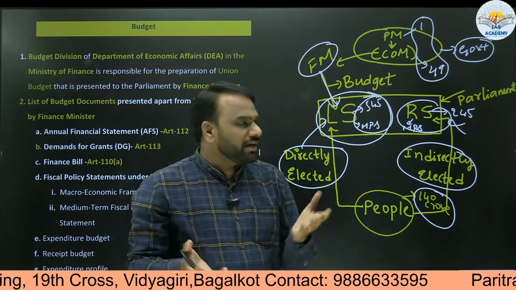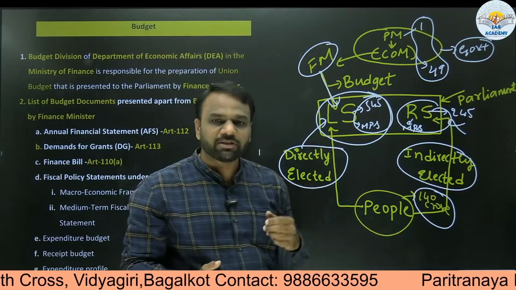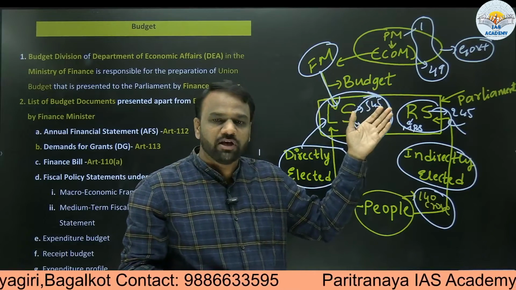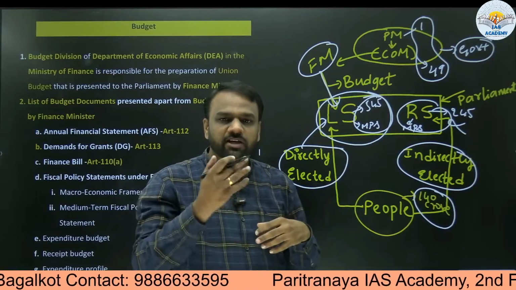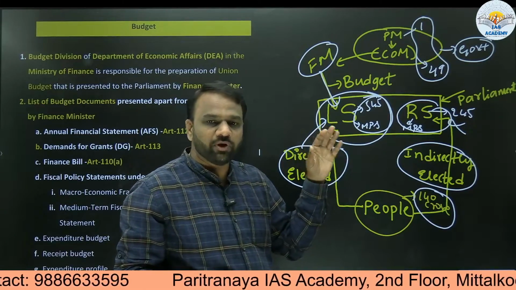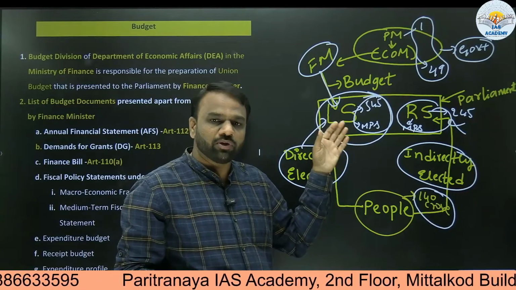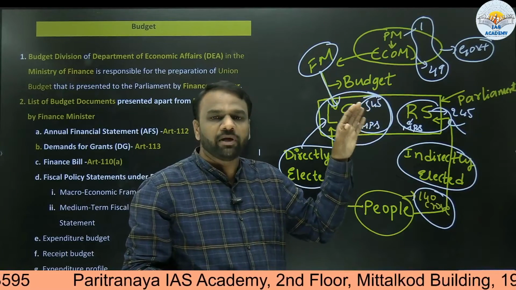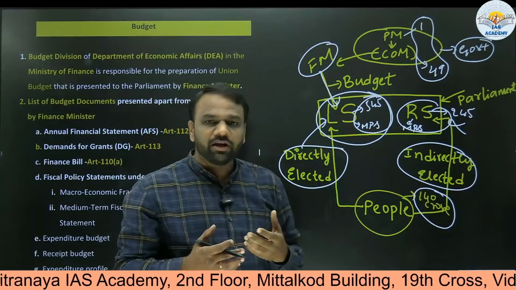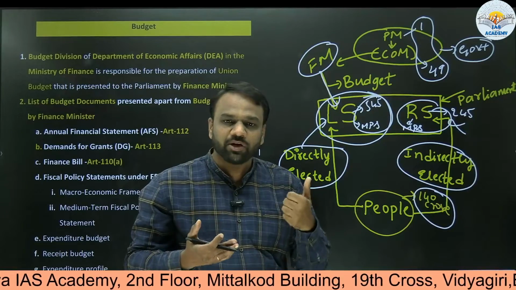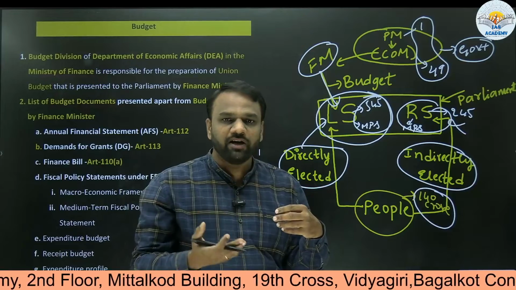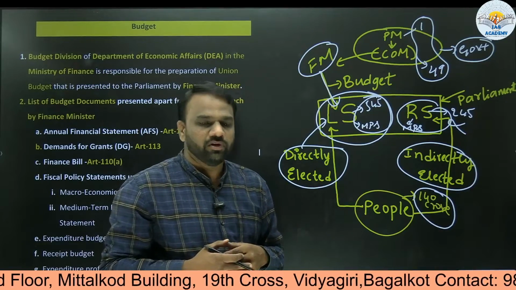After presenting the budget, if the 545 members are happy and say yes, then the government will go ahead with its proposals and start collecting taxes and spending. If Lok Sabha is not happy, then what happens? That is beyond the scope of our discussion now. We shall discuss those things when we start discussing polity. But here we shall understand that the budget is proposed by the Finance Minister, and once the Lok Sabha says yes, the government can collect the taxes and also spend accordingly.